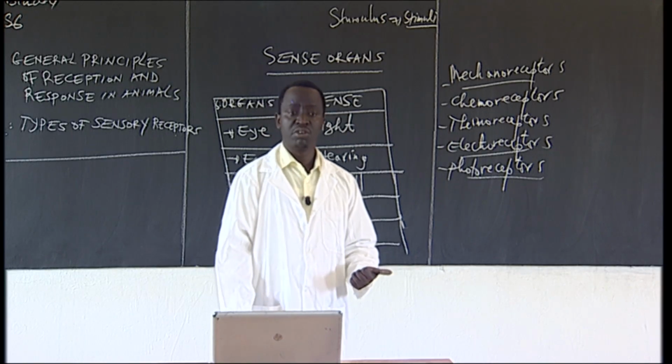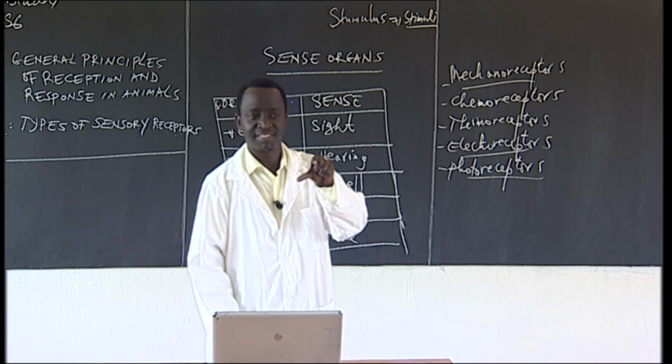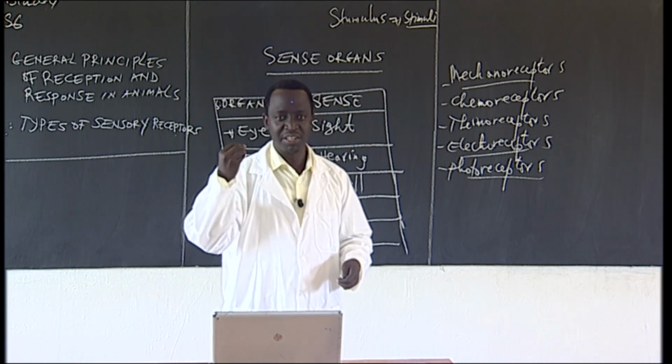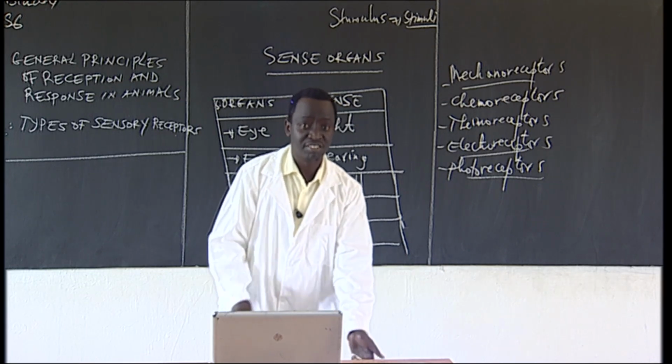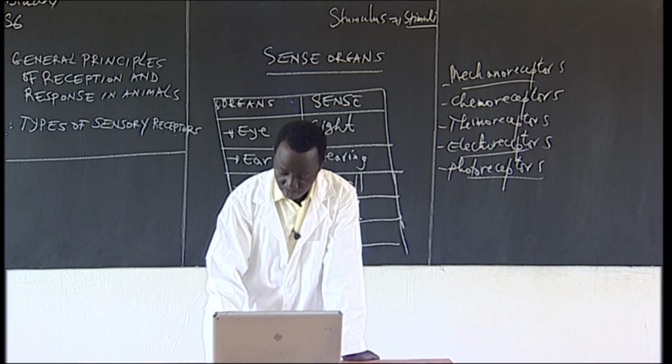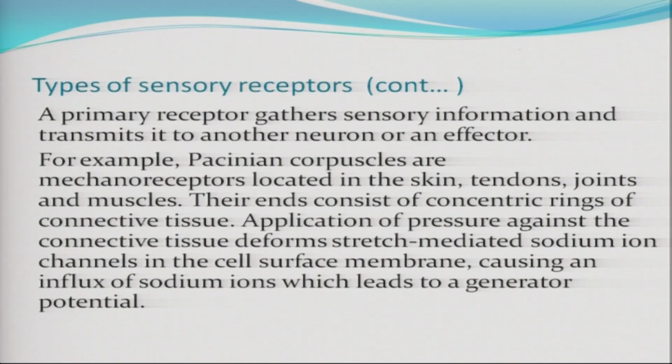At the end of this neuron, it is where we have the part that is sensitive or that can detect the stimulus. Are you getting this? This is what you call simple receptors. Actually, primary receptors or simple receptors gather sensory information and then transmit this information to what? To another neuron or an effector.